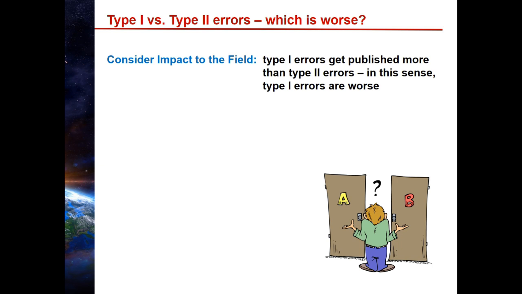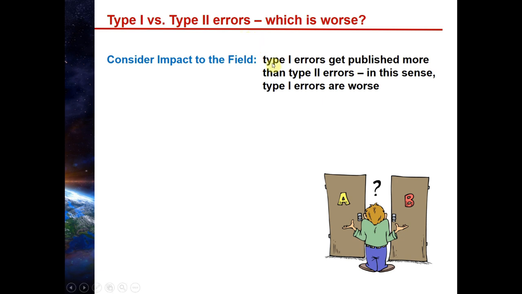So again, journals are going to be accepting papers with significant results, and that means they're accepting papers that either have truly identified a treatment effect, or, and we won't know, maybe it's a type 1 error. The researcher actually didn't find something. They actually only have sampling error.